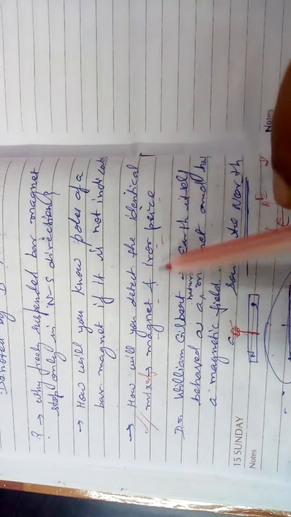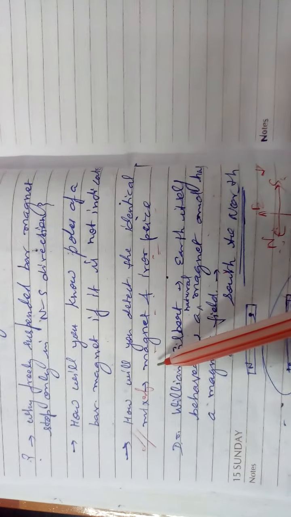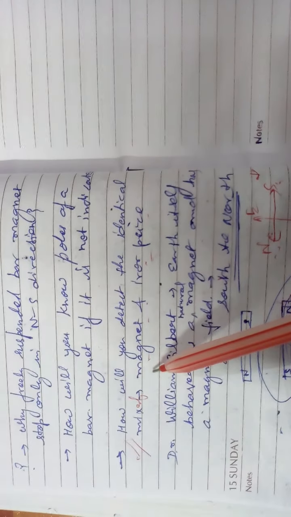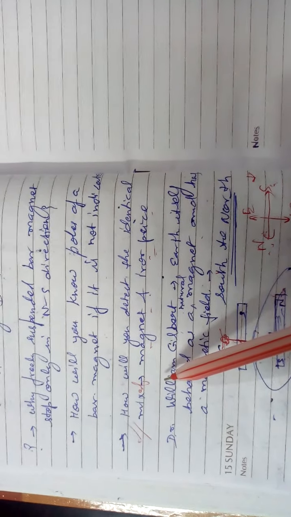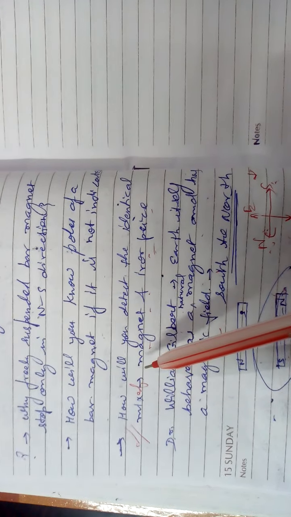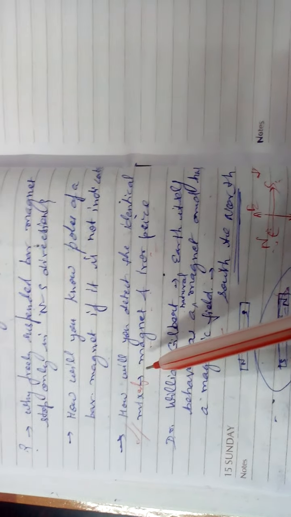And in this case you are getting the third question. How will you detect the identical bar? Suppose you have two bars, same color, same size, same everything. One is a bar magnet, one is a simple iron, but you don't know, the color is also the same. So we will take one more magnet which has indication of north and south.